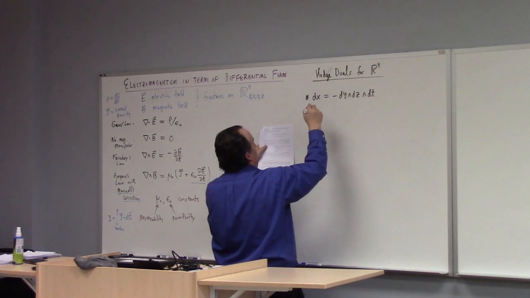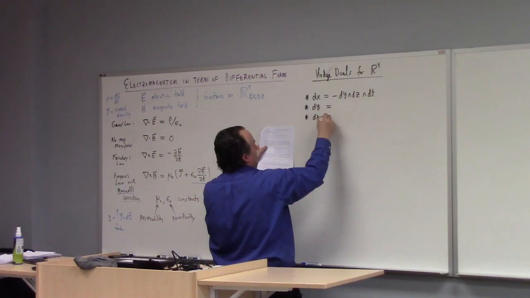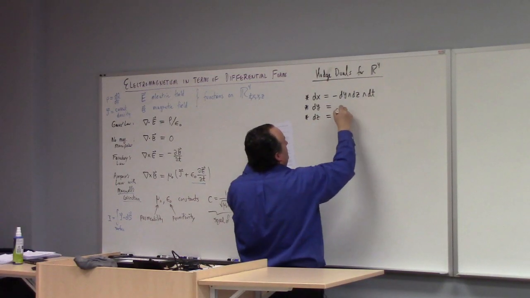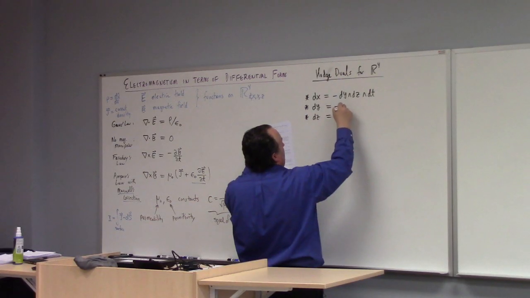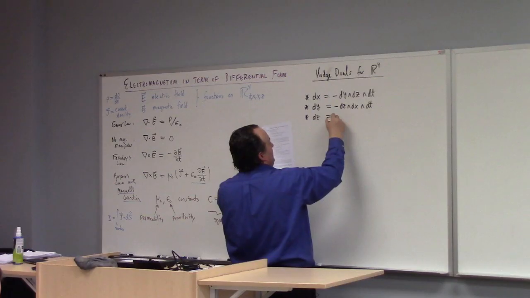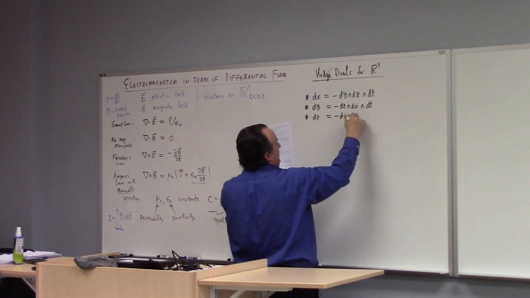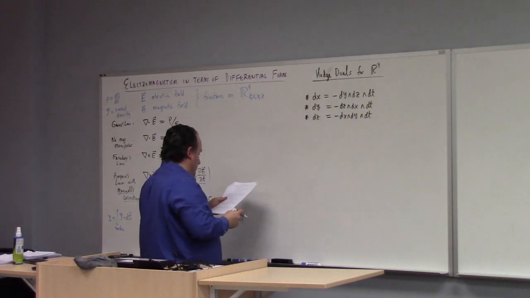The Hodge dual of dy and the Hodge dual of dz are going to be minus dz wedge dx wedge dt, and this one's going to be minus dx wedge dy wedge dt.